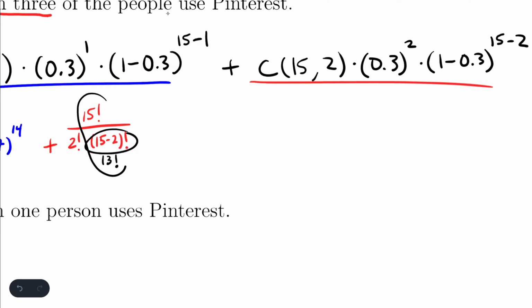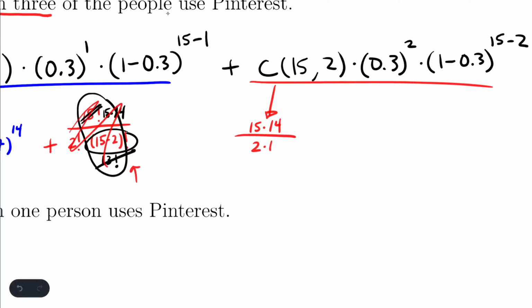We know larger factorial over other larger factorial, this is going to have a lot of cancellation. Specifically, the 13 factorial will cancel with the 13 factorial that's embedded in the 15 factorial till we're just left with 15 times 14 over the 2 factorial that was untouched below. So this will become 15 times 14 over 2 times 1.